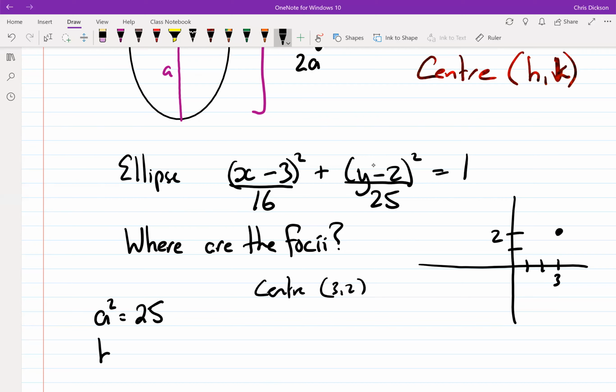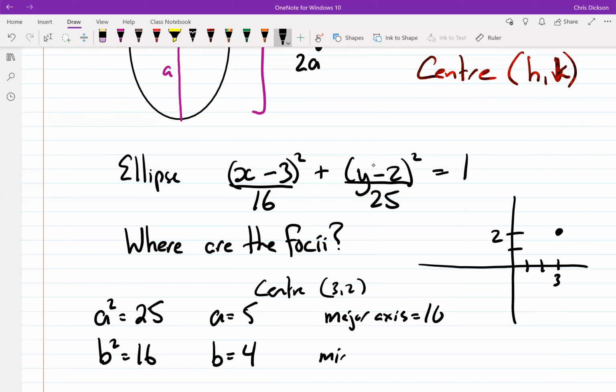And I know the b squared number has to be the smaller number, which is 16. So really, in this case, a is 5, and b is 4, which means the major axis is 10 and the minor axis would be equal to 8.